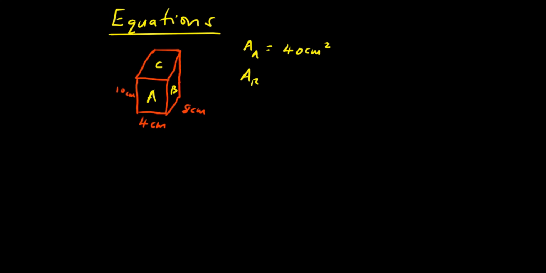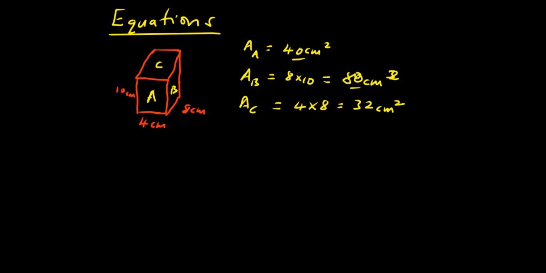B gives us an area of 8 by 10, that is 80 square centimeters. And C will give us 4 multiplied by 8, that is 32 square centimeters. Now, because of the difference in areas, we are going to have differences in pressure, considering that the weight of the whole book is 2 newtons.